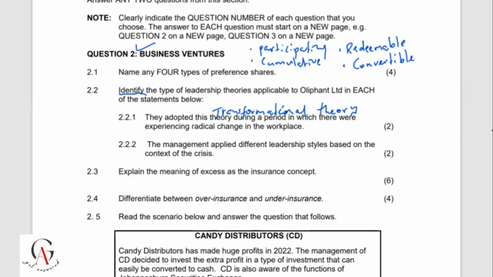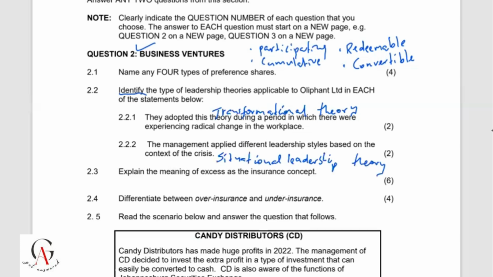The management applied different leadership styles based on the context of the crisis. So this is going to be situational leadership theory.